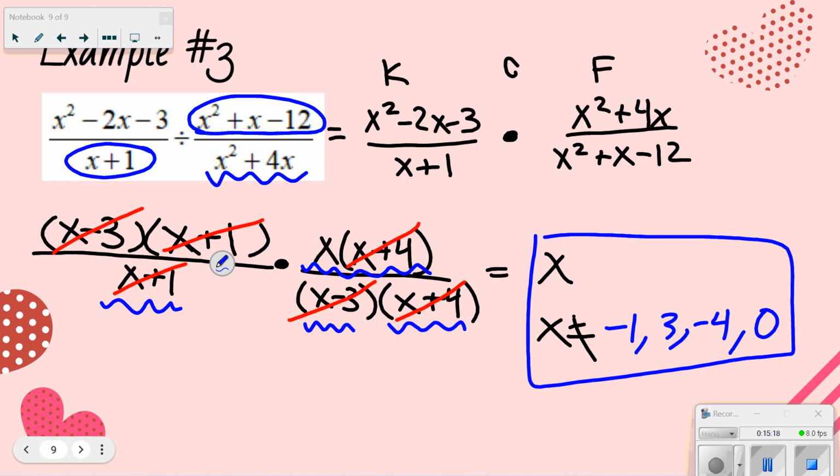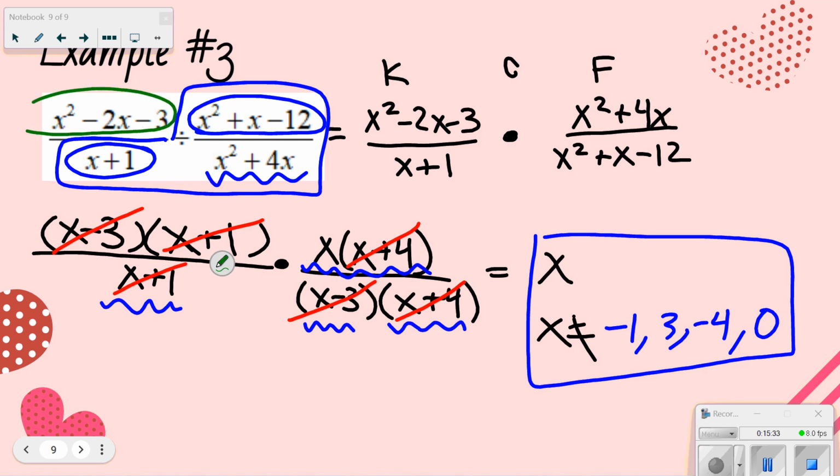So basically, what you need to know from the beginning of your problem, everywhere that I'm putting a blue box around, you have to state restrictions. And everywhere that I'm circling in green, you don't. So that first fraction numerator is safe. Everywhere else has to have restrictions stated.